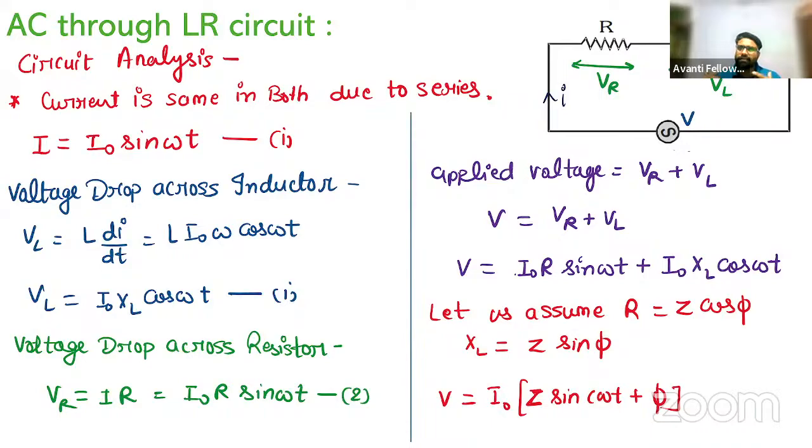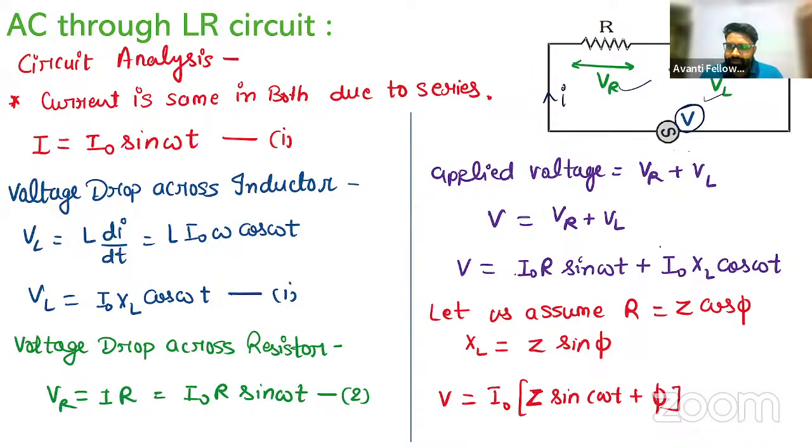But due to the conservation of energy, whatever voltage we have provided, these two voltage drops lie within the same. Which means if you add these two values, they will not exceed the value of the applied voltage. Clear? So we can say that VR plus VL is equal to capital V.